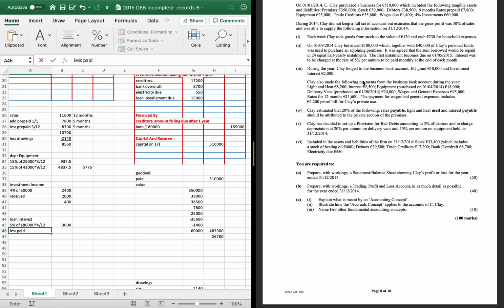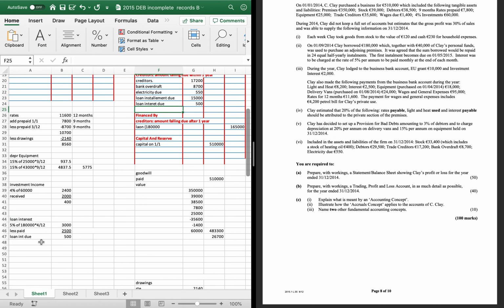Let's see what he paid. It can be mentioned here. He's paid 2,500, which means he's still due to pay 500. So loan interest due, which is a liability, will go into your current liabilities. Now, the 3,000 will be an expense unless there's drawings to do with it.